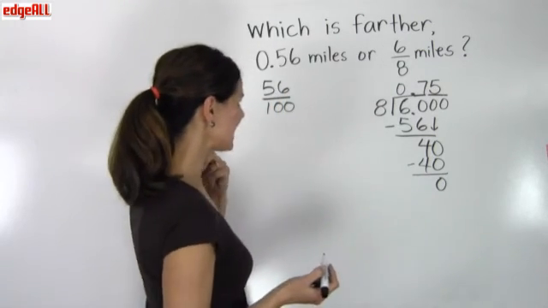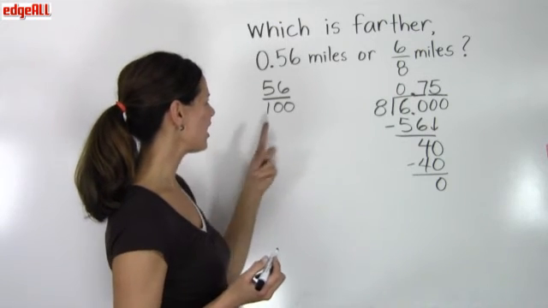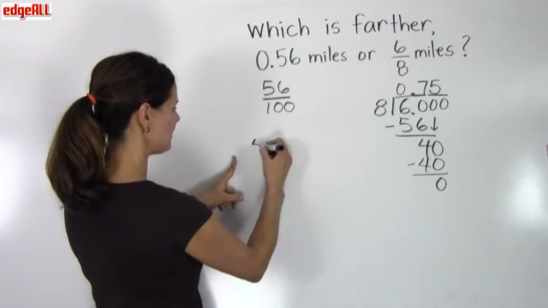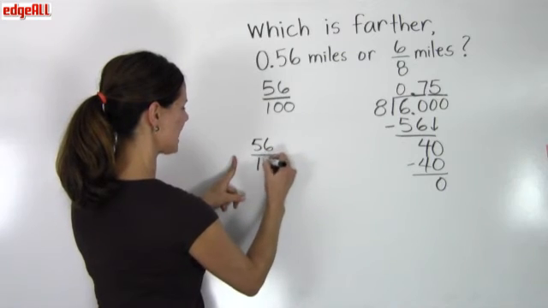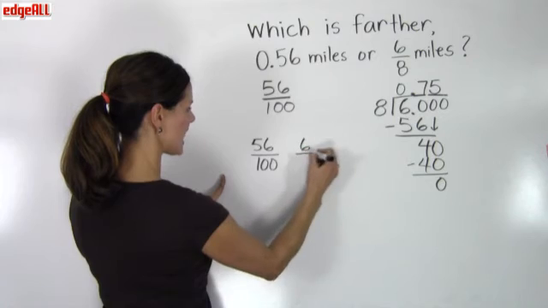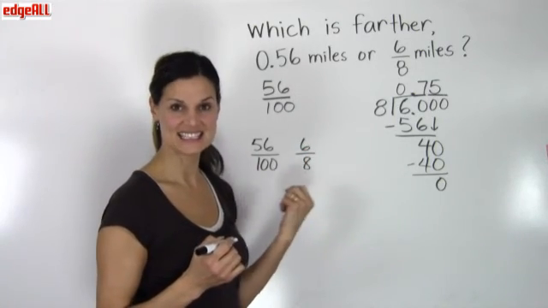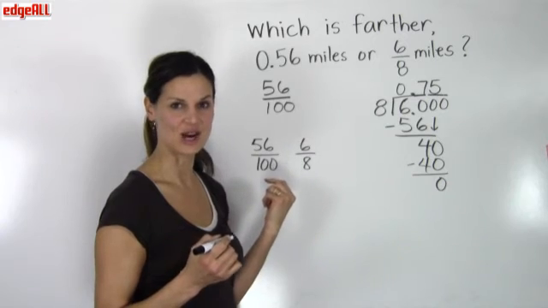If I want to look at another example of doing this, I could take the technique where I line up my 56 over 100 and my 6 over 8, and I do the cross multiply check to see which one of my fractions is larger.